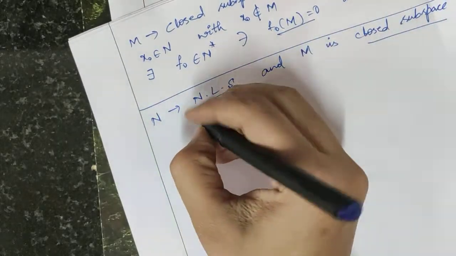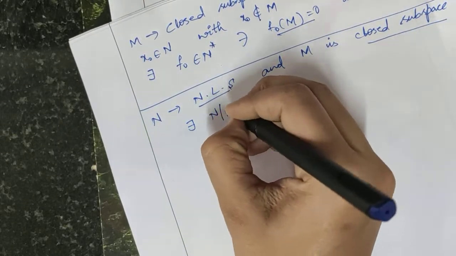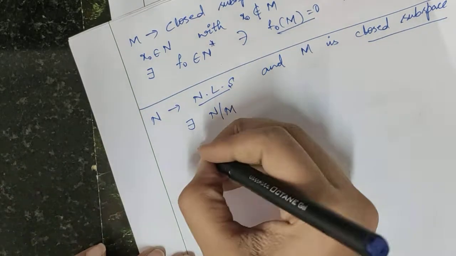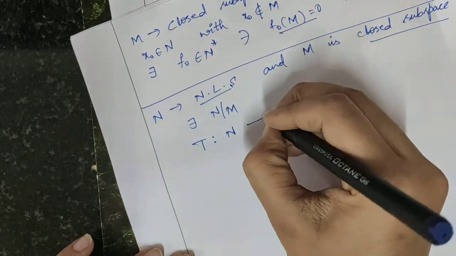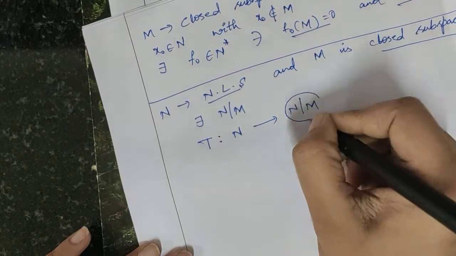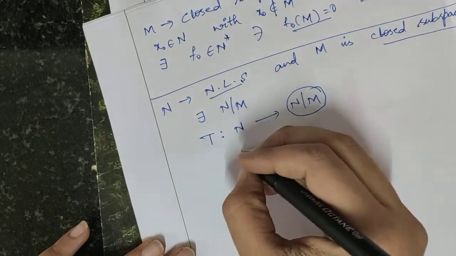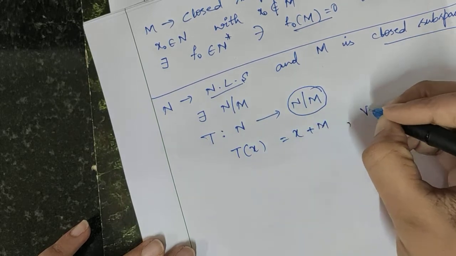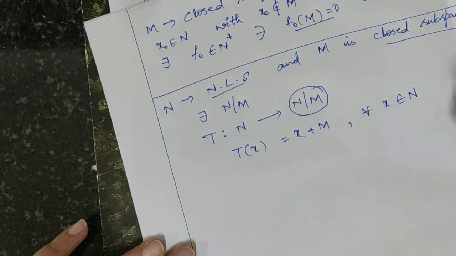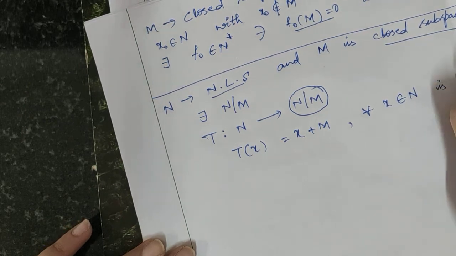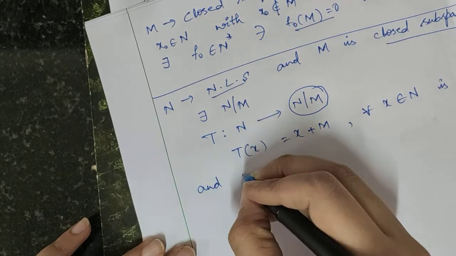From this we can say that there exists a quotient space N by M. Now we can define a mapping T from N to N by M. Since it is a quotient space, the function can be defined as T of x is equal to x plus M for all x coming from the normed linear space N, and it is linear and continuous.